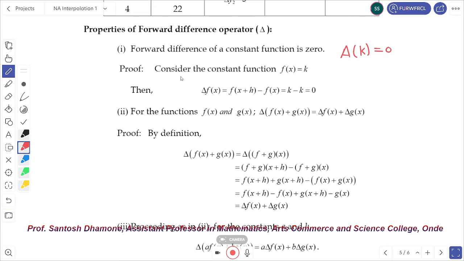Here our function is considered a constant function. Because f of x is a constant function, if we move some distance h then we get the same point k. Therefore by using the formula delta f of x is equal to f of x plus h minus f of x, it is equal to k minus k is equal to 0. Our answer is 0.